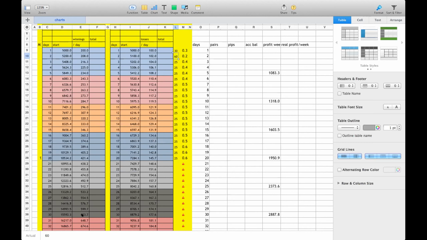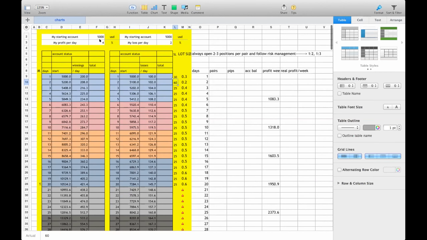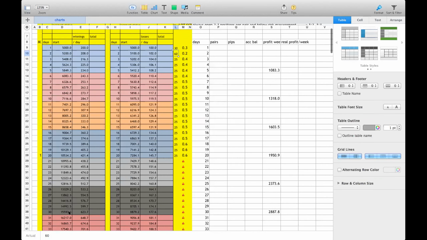I look for the best setups, right? This is telling me that $5,000 account, just going for 4% and risking 2% in 30 trades, will now be $15,593. Does that make sense?